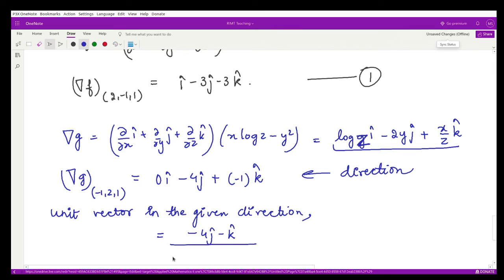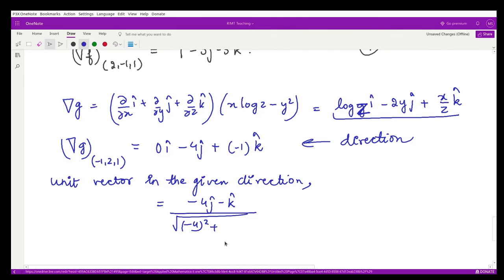So it would be the square root of minus 4 whole square plus minus 1 whole square. So this is equal to 16 plus 1, that is 17, square root of 17. So we have minus 1 by square root of 17 and the quantity 4 j cap plus k cap. So this is the given direction. Say this is your equation number 2.